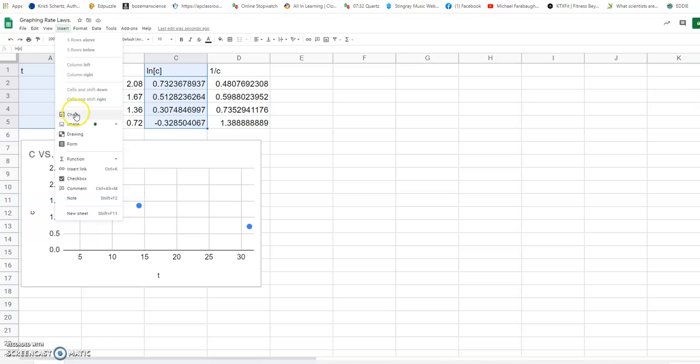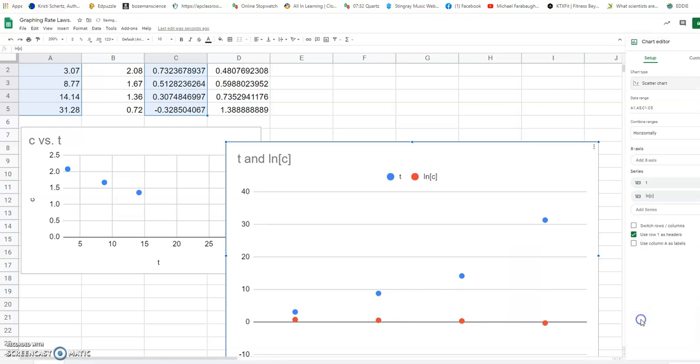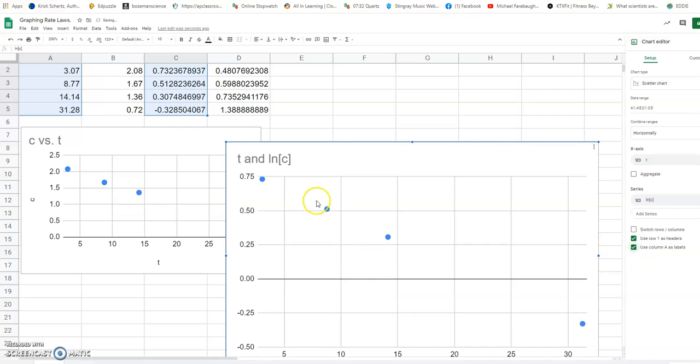I go into Insert Chart. Now for some reason it's choosing a bar graph for me. I don't want that, so I'm going to go over here to Setup, and I'm going to choose Scatter Plot. It also for some reason is not using my columns as labels. So make sure these 2 bottom boxes are checked, and that will give you the graph that you want.